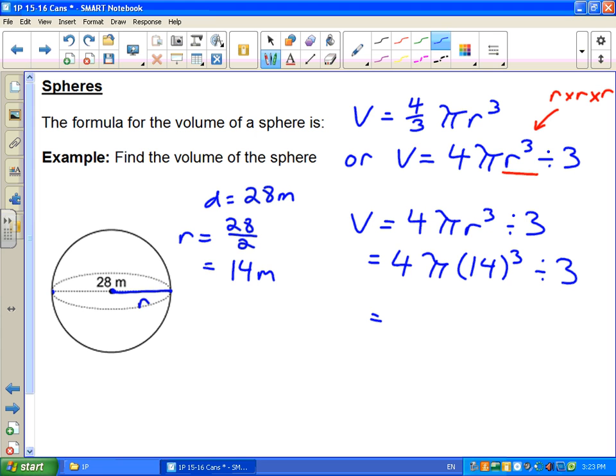And this we can just do all in one step in our calculator. 4 times 3.14 times 14, doing the cubing, and then divide everything by 3, and we get 11 million, no, not 11 million, that's going to be 1,148,821 centimeters cubed is our volume. Okay? And the units are important. If it's a volume, it's got to be something cubed. So there's the volume of our sphere.